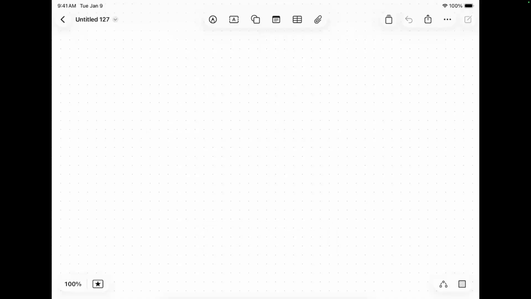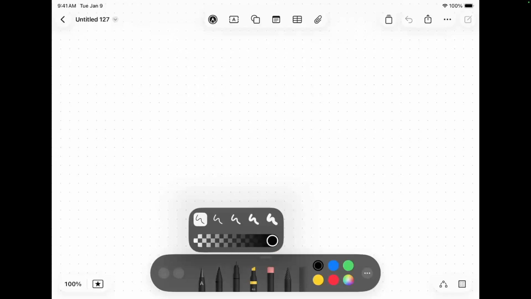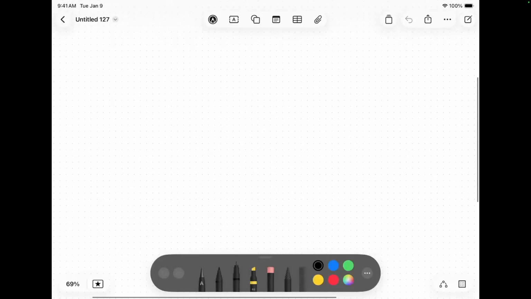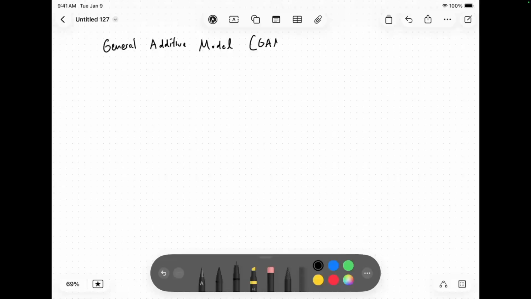We are going to start off by looking at what is known as a generalized additive model, also known as a GAM.